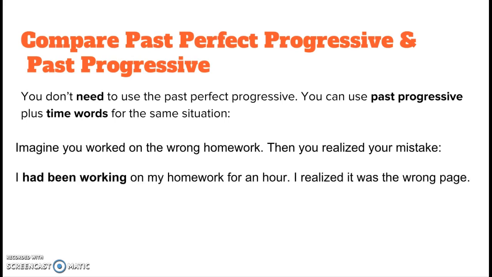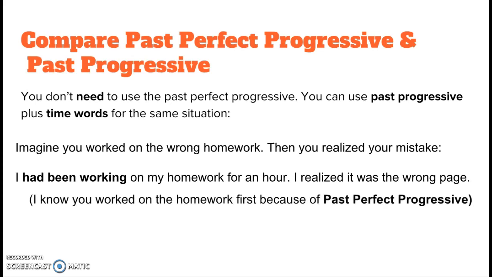I had been working on my homework for an hour. I realized it was the wrong page. I know you worked on the homework first because that was in past perfect progressive. And then you use simple past, realized, for the event that happened second.